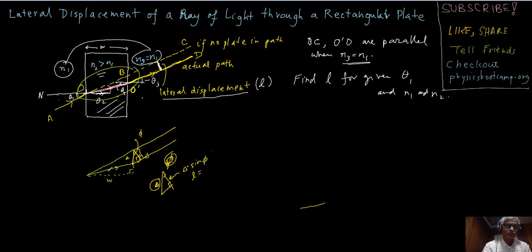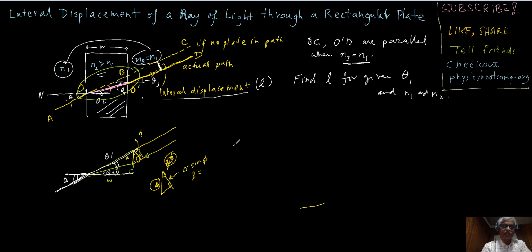Okay, so let's go back. This is going to be theta 2, and from here, this was theta 1, so this will be theta 1, because this line is the same and this line is the same. So this angle has to be equal to this bigger angle.